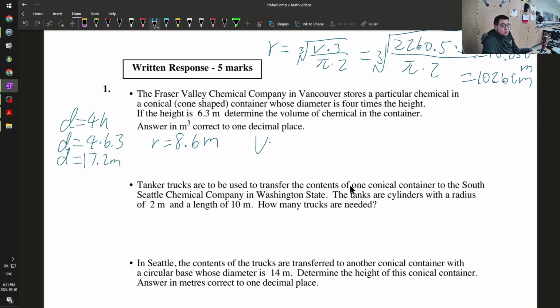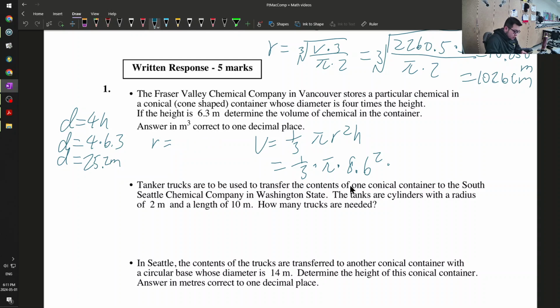What's the volume of a cone? Volume is 1/3 pi r squared h, which is 1/3 times pi times 8.6 squared times... what? 4 times 6.3 is equal to 25.2.